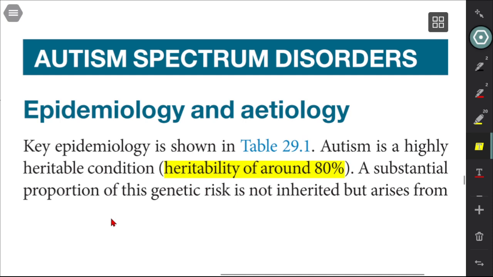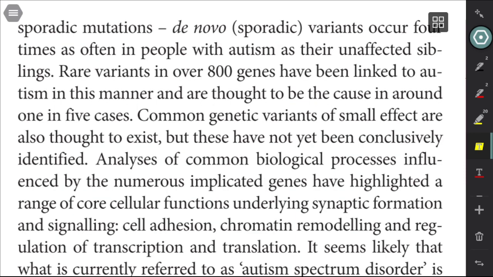A substantial proportion of this genetic risk is not inherited but arises from sporadic mutations. De novo variants occur more often in people with autism than in their unaffected siblings.